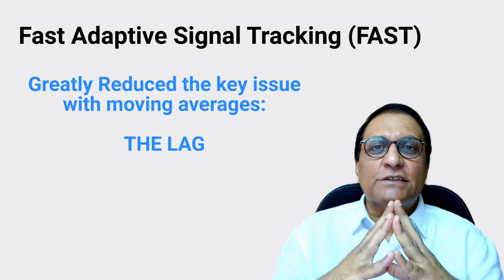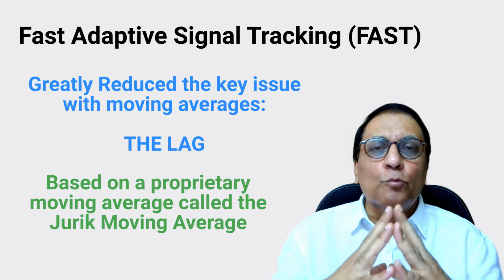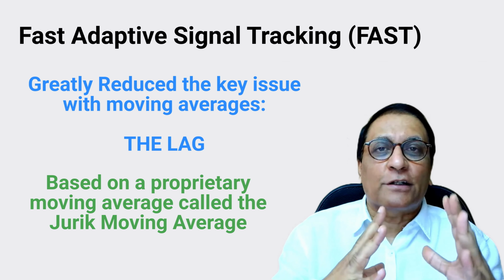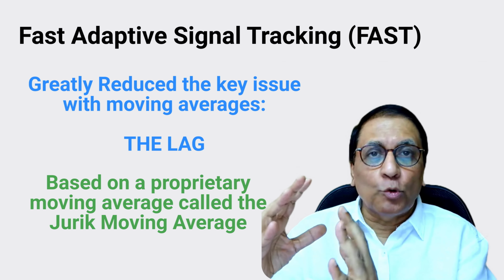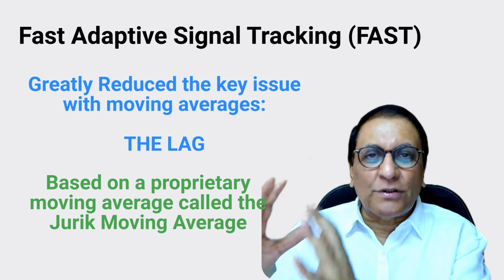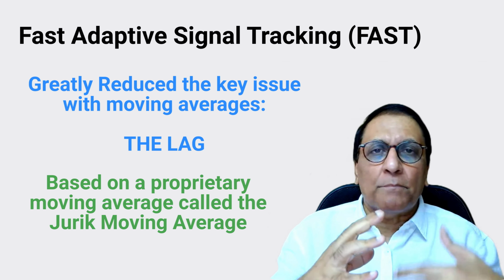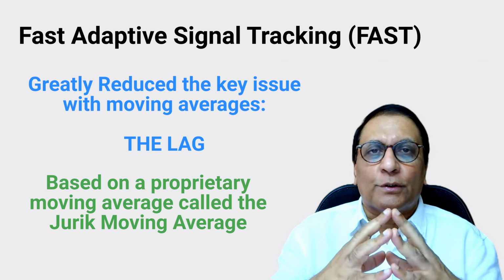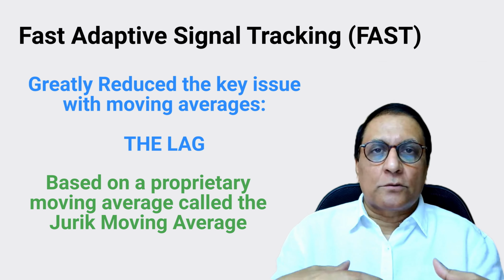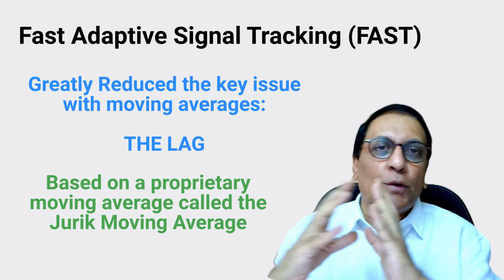The moving average which I discuss today is based on a proprietary moving average called the Zurich moving average, which is, as I told you, proprietary and therefore not available for use unless you purchase it. However, this methodology simulates, using a certain amount of guesswork, a version of the Zurich moving average.